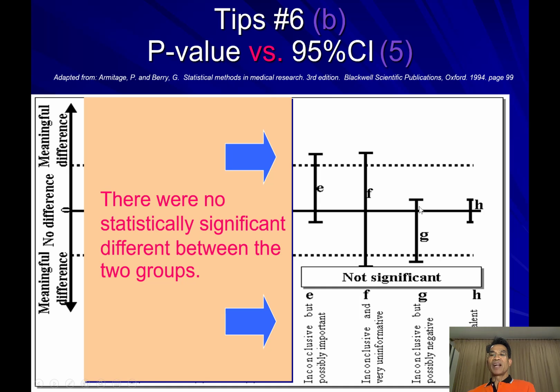Compared to scenario G. Scenario G, under a research question about whether A can be used in place of B or not, even though it's non-significant, it has already answered the research question: no, drug A is not the choice.